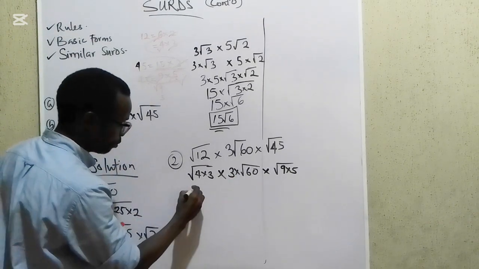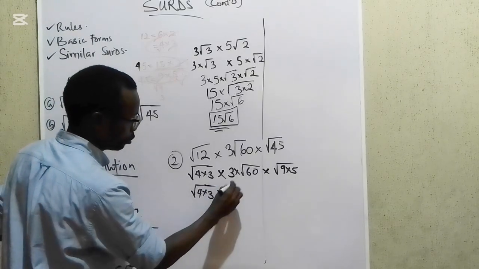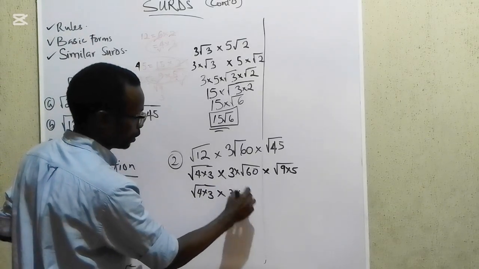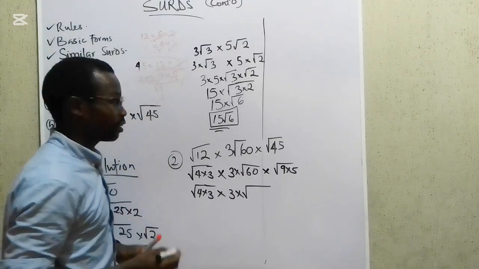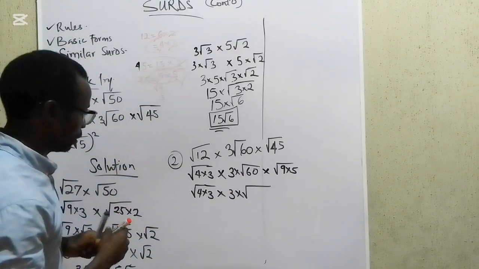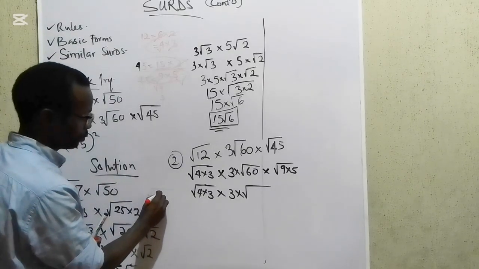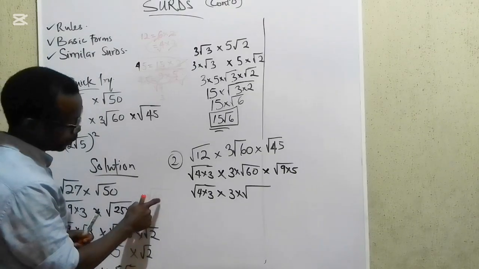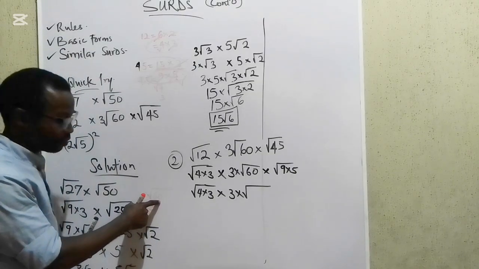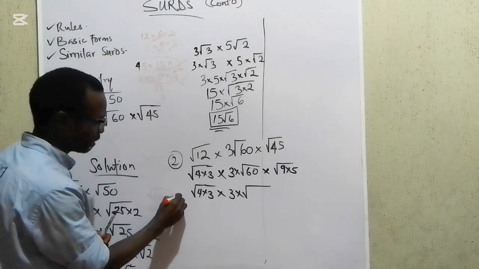So how to repeat this? By making this root 4 times 3, now this is 3 times what is this? What is root 60? Let's finish here. What is 60 first of all? 60 is the same thing as 10 times 6.